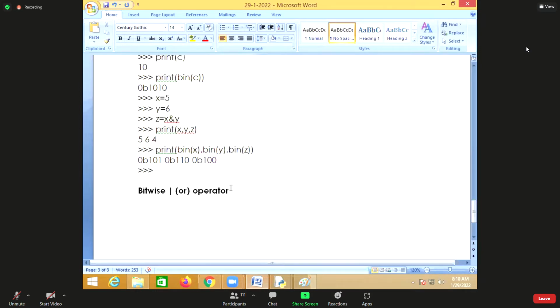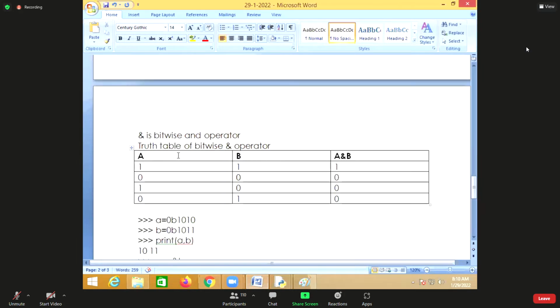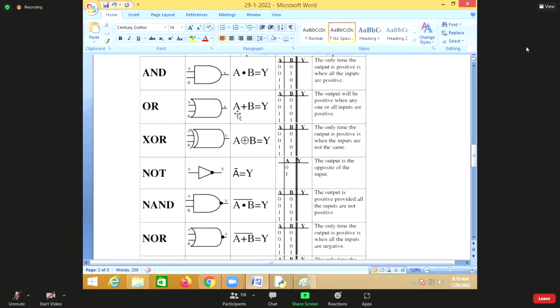If you see this, this is the truth table of the bitwise OR operator. It is used to apply which gate? OR gate. This is for the AND gate, and this is for which one? OR gate.